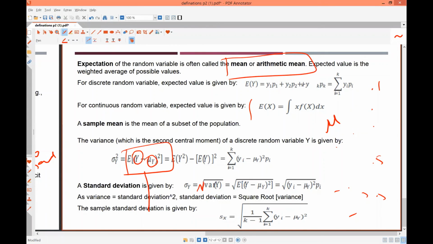If we take the square root of variance, it becomes the standard deviation, and if we square the standard deviation, it becomes variance. This is a relationship you will have to learn by heart. It is just a different measure of the same volatility, but at a different level.